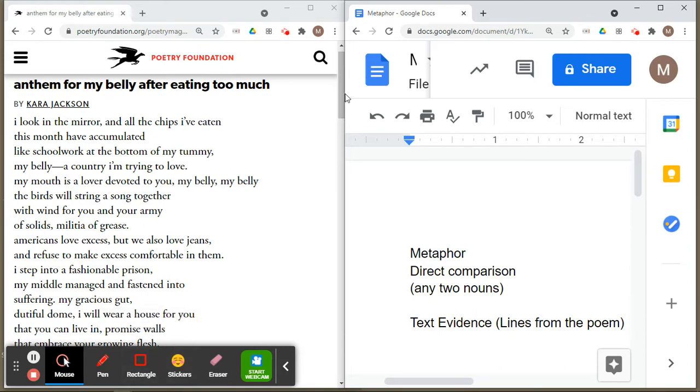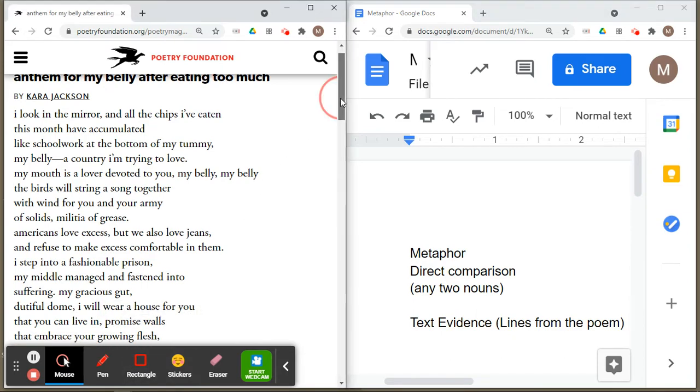Anthem for My Belly After Eating Too Much by Kara Jackson. I look in the mirror and all the chips I've eaten this month have accumulated like schoolwork at the bottom of my tummy, my belly, a country I'm trying to love. My mouth is a lover devoted to you, my belly, the birds will string a song together with wind for you and your army of solids, militia of grease.